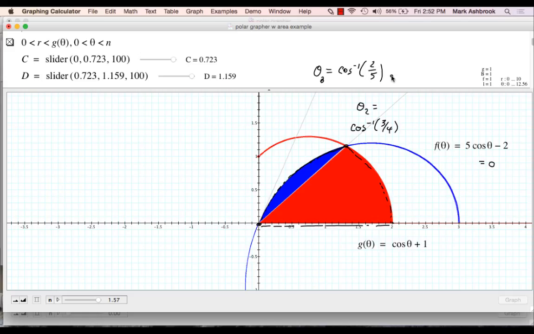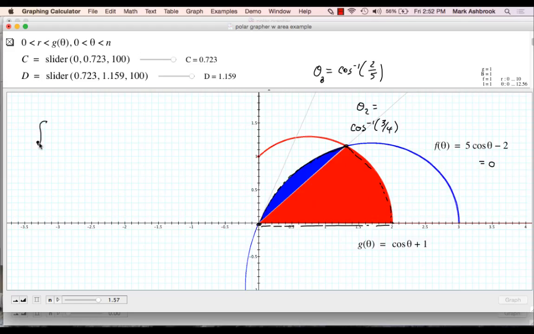So everyone see that? Okay? And so the area of this region is going to be a sum, right? Because the angle just keeps going. The first part of it, we're going to integrate according to the G curve. And then starting here, integrate according to the blue curve.